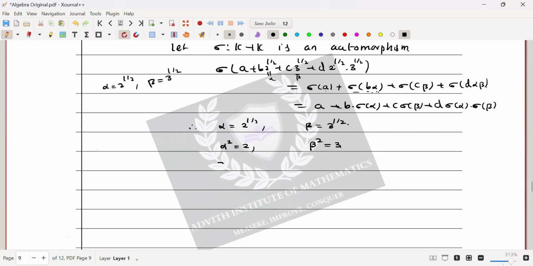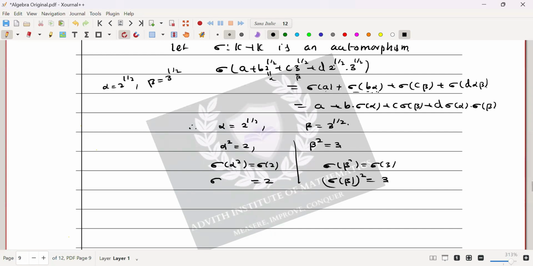Now apply sigma on both sides: sigma of alpha square equals sigma of 2, and sigma of beta square equals sigma of 3. 2 and 3 are rational numbers, so rational numbers have fixed images.